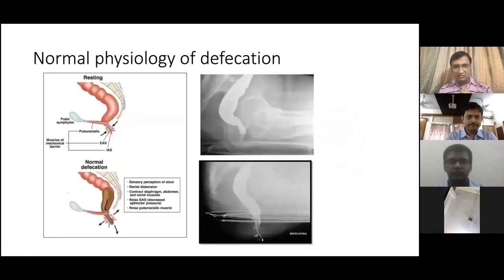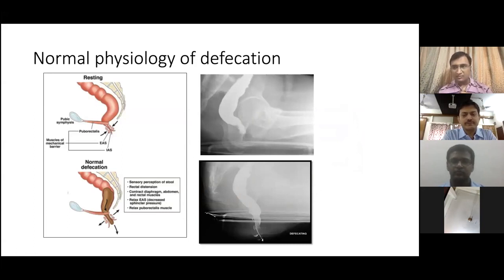As a student, it is important because this might be asked in the exam: what is the normal physiology of defecation? The normal physiology of defecation involves the stool passing into the rectum with sensory perception of stool. The rectoanal inhibitory reflex leads to relaxation of the internal anal sphincter.